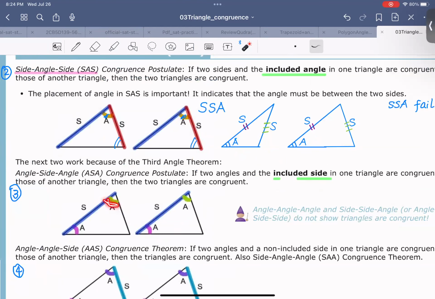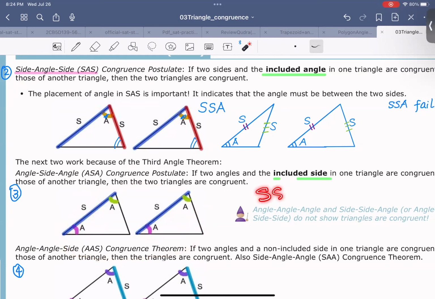Two angles are congruent. So you have an angle here congruent to here. And next, this angle's neighboring side is congruent to this angle's neighboring side. At the same time, after this side, you have these two angles congruent. Okay? This is number 3.